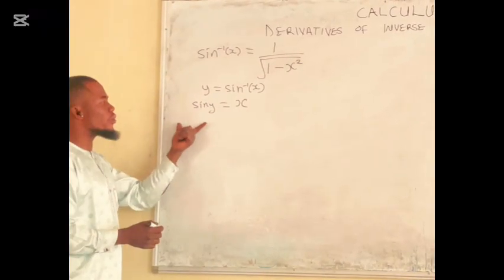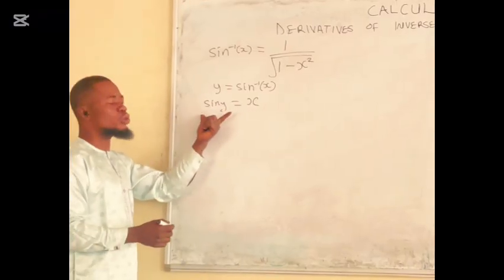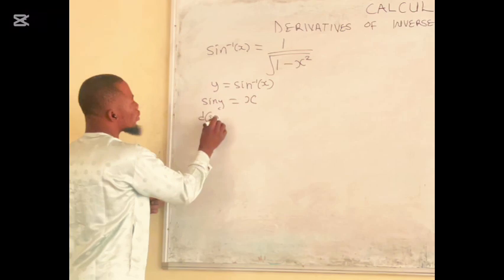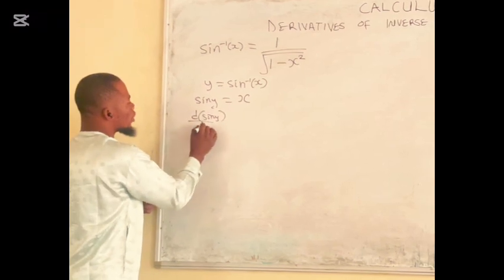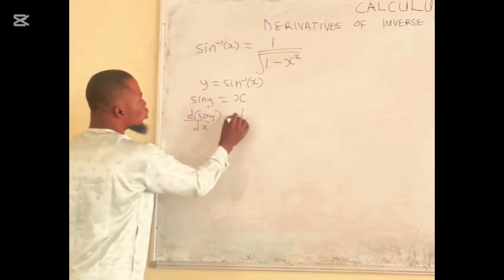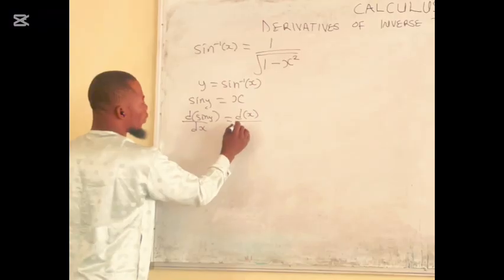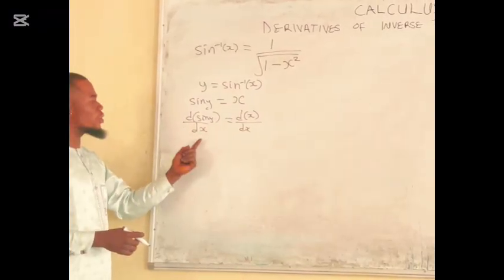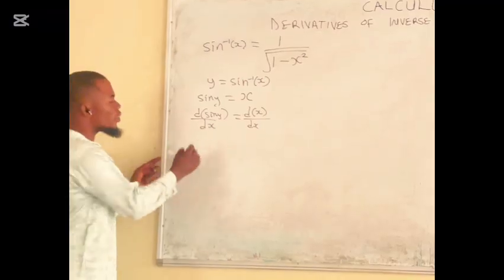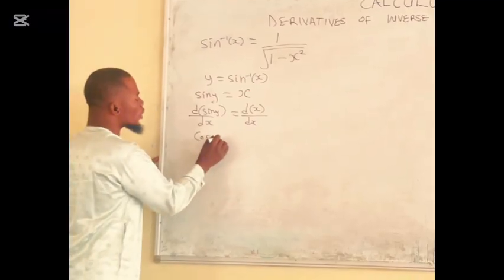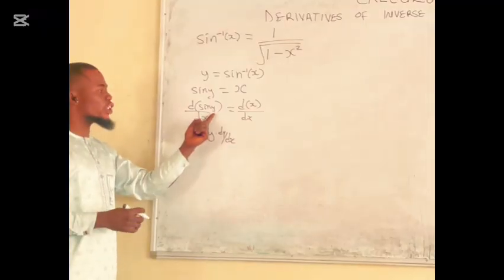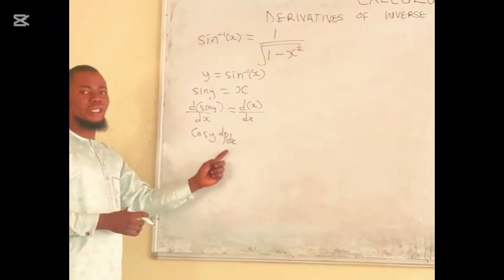Next, you differentiate both sides with respect to x. So you have d of sine y over dx equals d of x over dx. Implicitly, if you differentiate sine y, we have cos y times dy dx, because anywhere you differentiate y, you put dy dx.